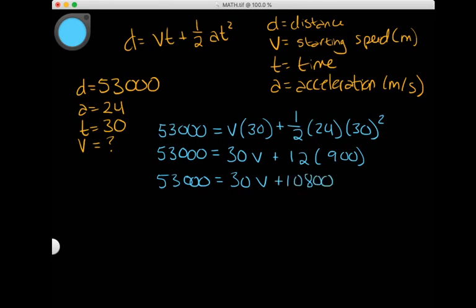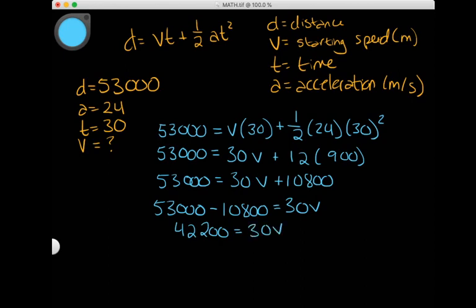Okay, rearrange the formula. So I'm going to move this 10,800 to the other side. So 53,000 minus 10,800 equals 30V. So 53,000 minus 10,800 is 42,200. And that equals 30V.